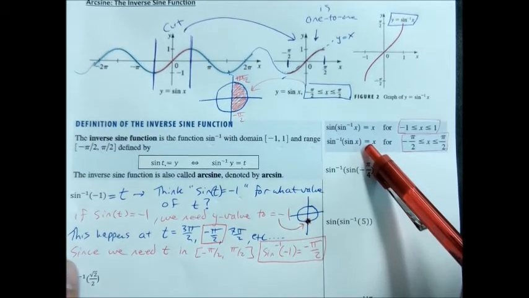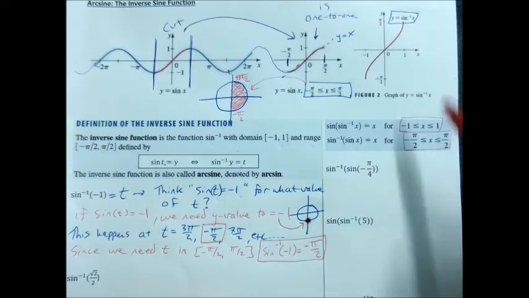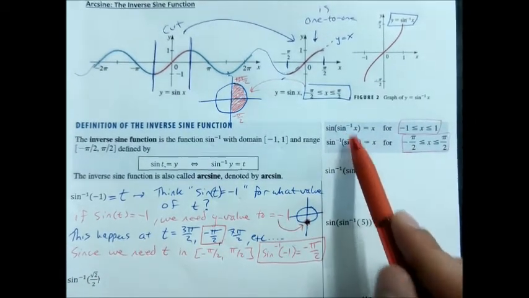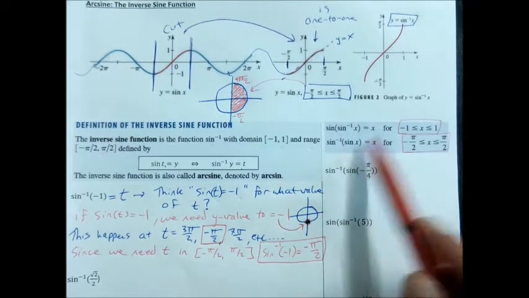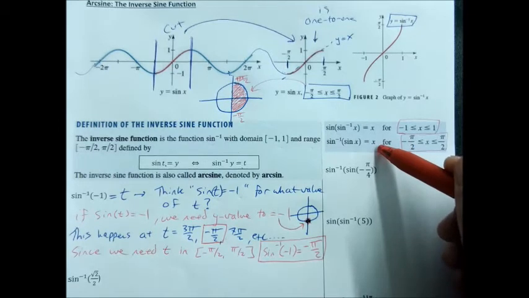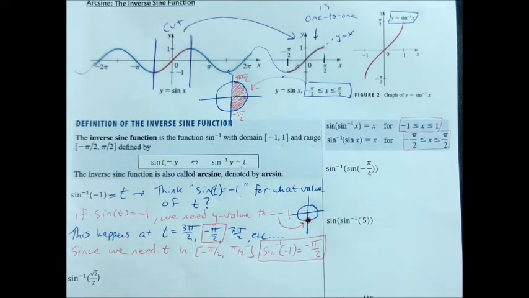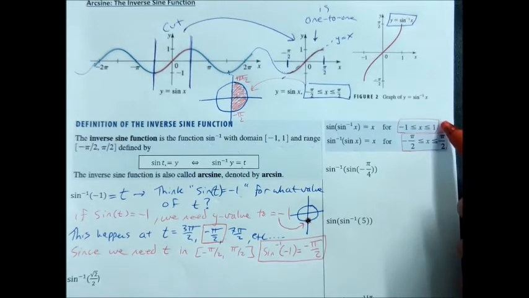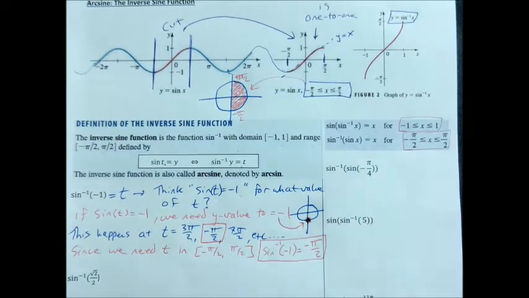So I'm not surprised it's not in the forefront of your mind. But that's what the inverse function property says. When you plug the function into the inverse or vice versa, everything cancels and you just get whatever's inside them out. But since we're talking about these non-one-to-one functions, we need to make sure we're on the correct interval. That's what these properties are telling us.